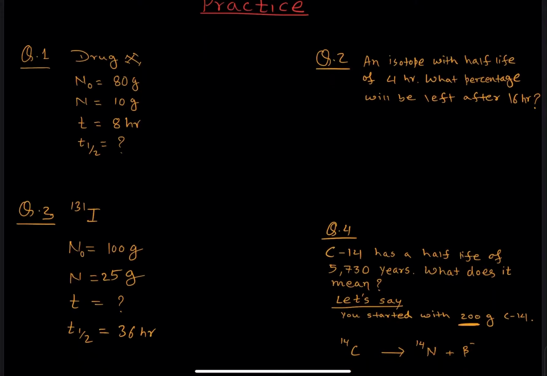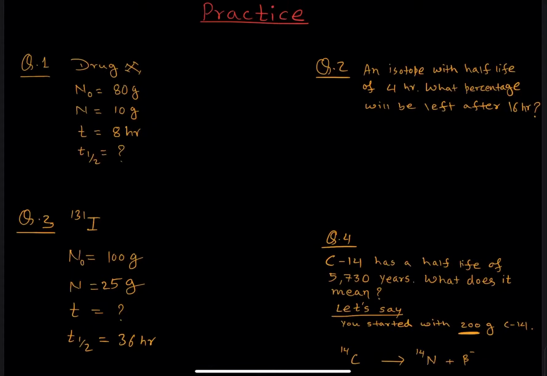There is a drug X which has an initial amount N naught of 80 grams, and N is 10 grams after time t, which is 8 hours in this case, and we need to figure out the half-life of drug X. Before I solve this problem, I want to give you some equations that will be very beneficial.